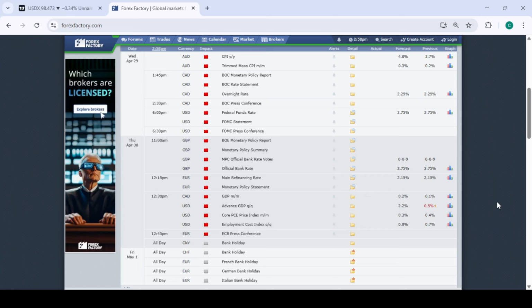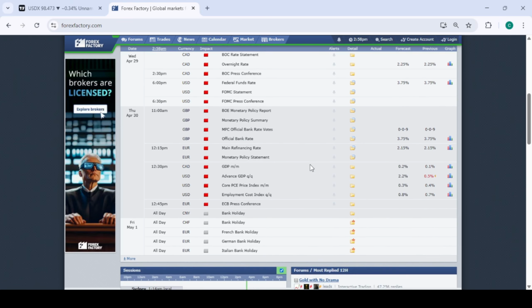Later on the same day, we're going to have the CAD GDP and then the USD Advanced GDP and Core PCE Price Index, and also the Employment Cost Index for the USD. On Friday, I think it's May Day, so they're going to have bank holidays throughout the day for most of the major currencies.